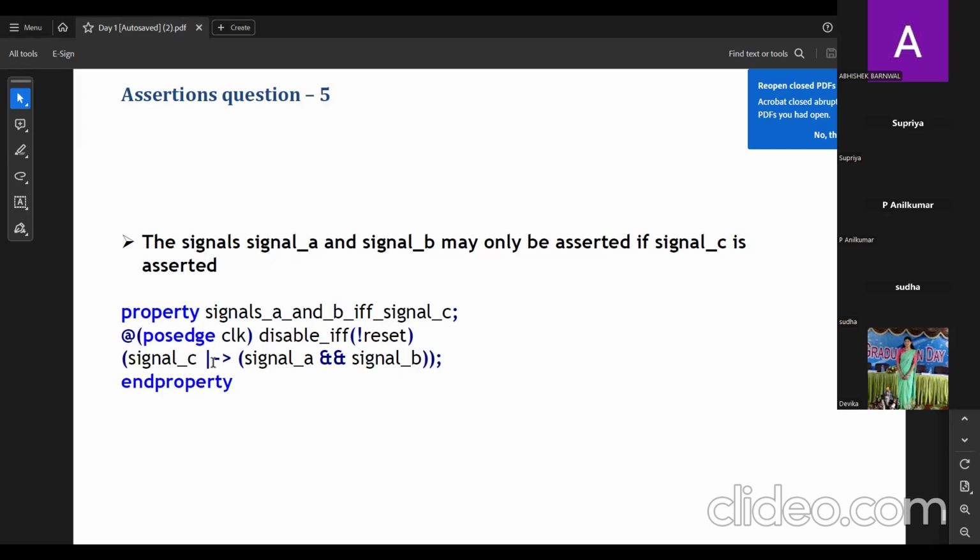So the implication has a left side and a right side. The left side is the condition; if it evaluates to true, the right side gets executed. Good. And non-overlapping means the check starts from the next clock cycle.